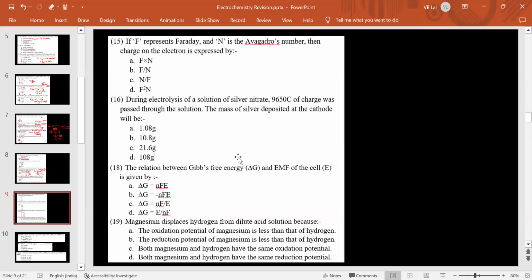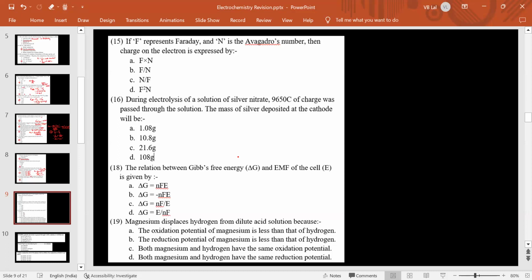Now next question is for Sai Kalyan. If F represents Faraday and N is the Avogadro's number, then the charge on the electron is equal to how much? Is it option C?